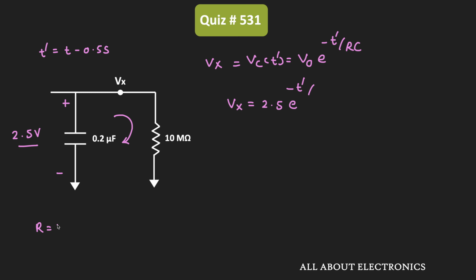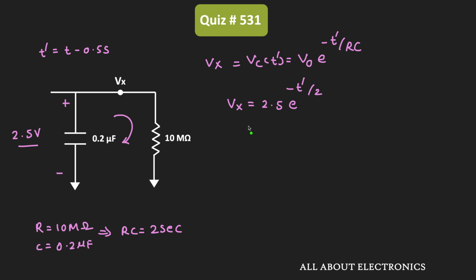Here R is equal to 10 megohm and C is equal to 0.2 microfarad. It means that RC is equal to 2 seconds. From this we can say that Vx is equal to 2.5 times e to the power minus t dash divided by 2.